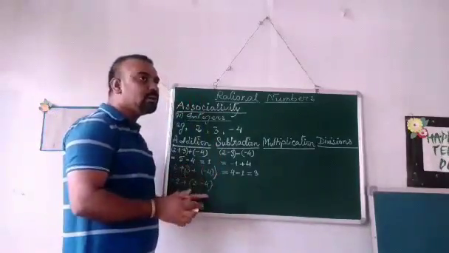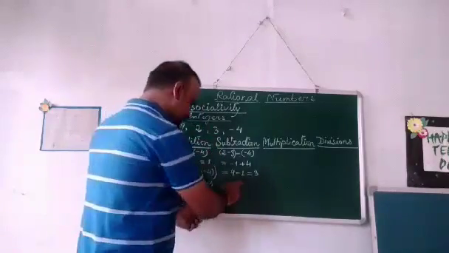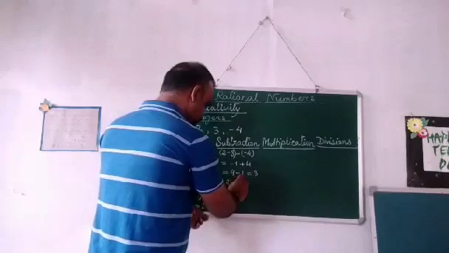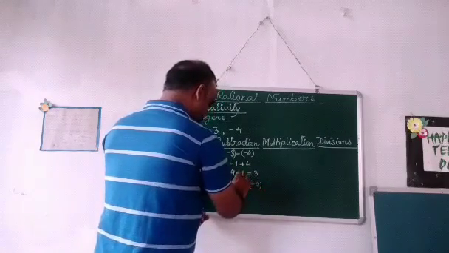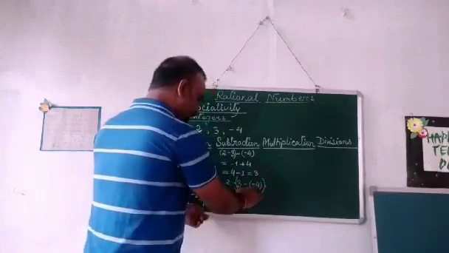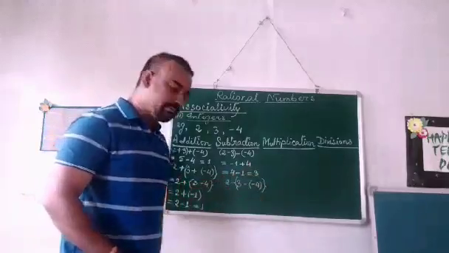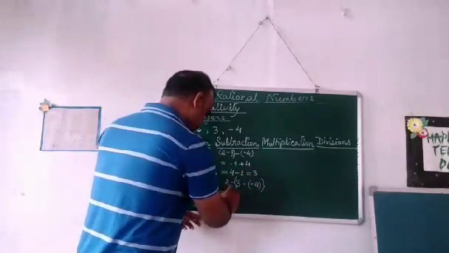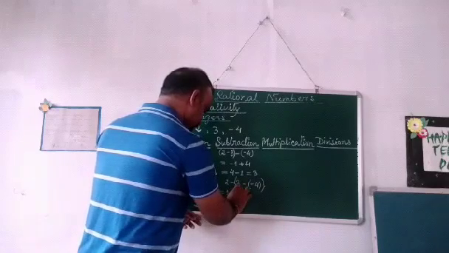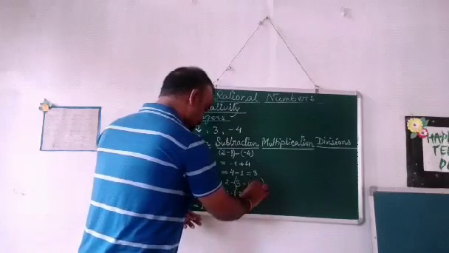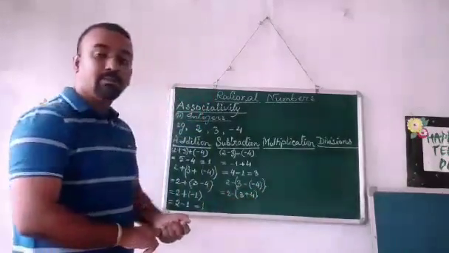We'll change the brackets now. We'll put the brackets on other numbers now. We are putting the brackets now for 3 and minus 4. Minus will become plus.